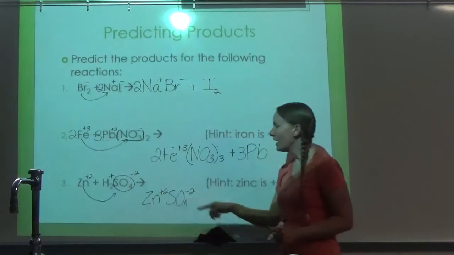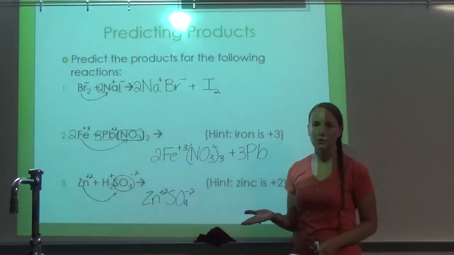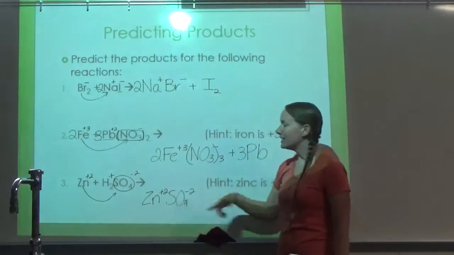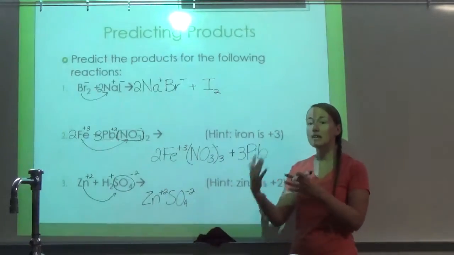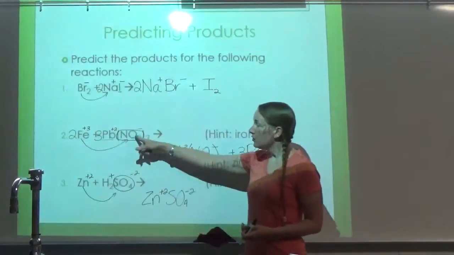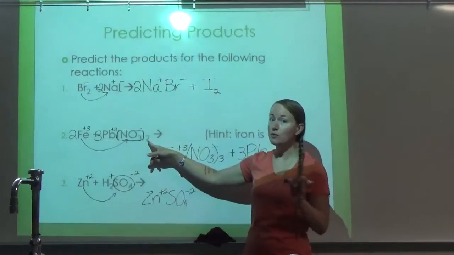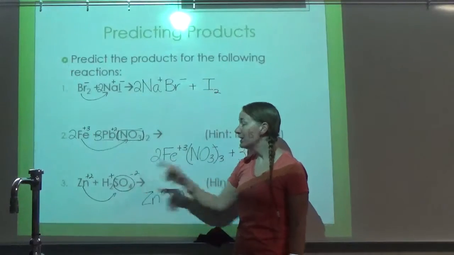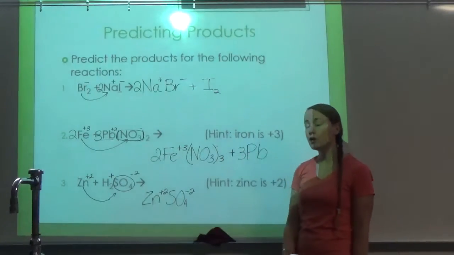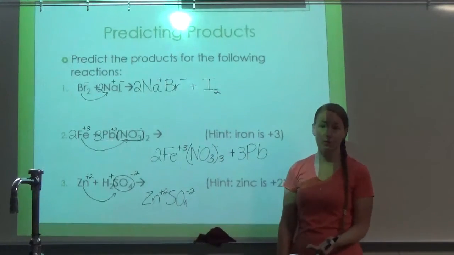If you circle it, you have to bring over what's in the circle. Okay, so SO4 is the polyatomic ion. Sulfate is SO4. NO3 is nitrate. Now this 2 is just telling me how many I have, so I don't necessarily bring that over. But if it's a subscript that belongs to a polyatomic ion, you will bring that over.